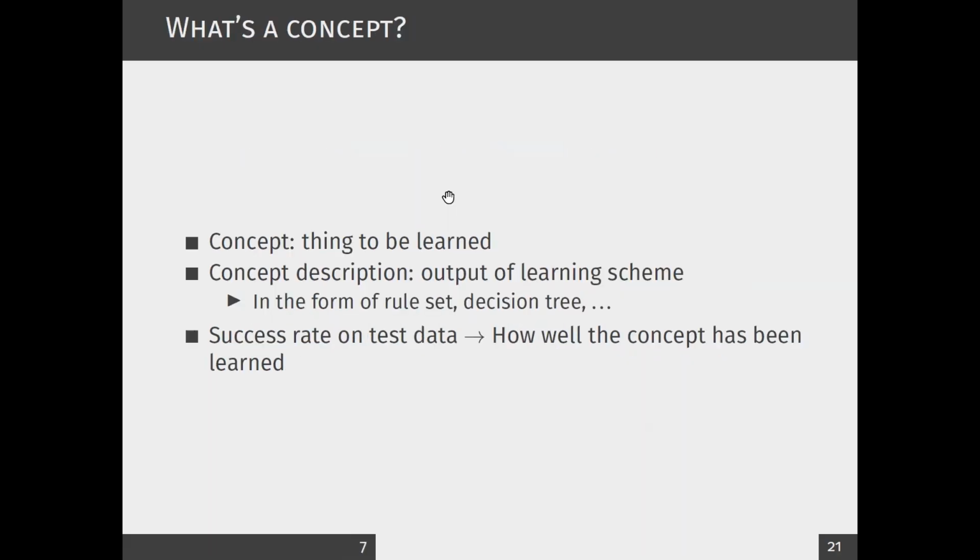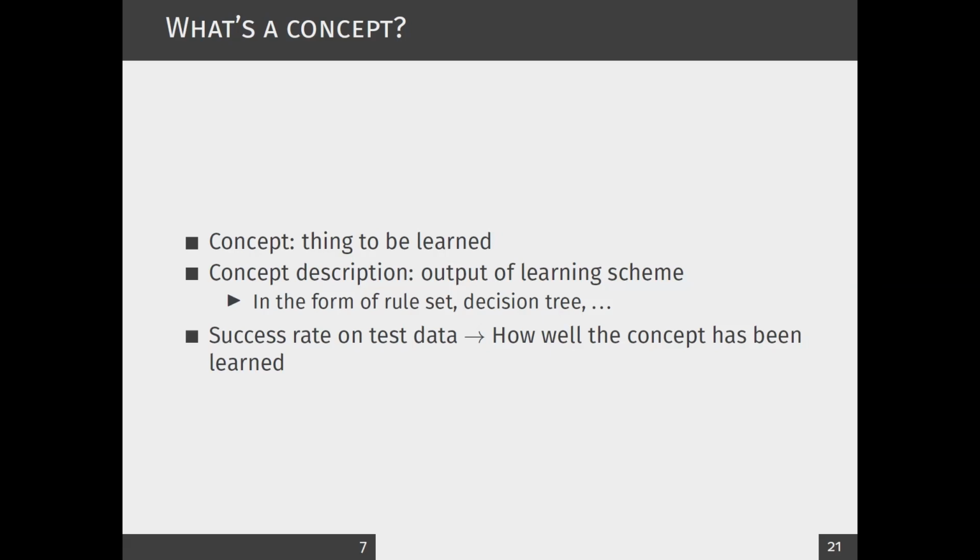Now that we have understood the four basic types, let's talk about some basic understanding of data analytics. The first one is what we call concepts, right? For any problem that we have discussed, the four basic types, what we are trying to learn is some kind of concept. Simply, you can say it's the thing to be learned.